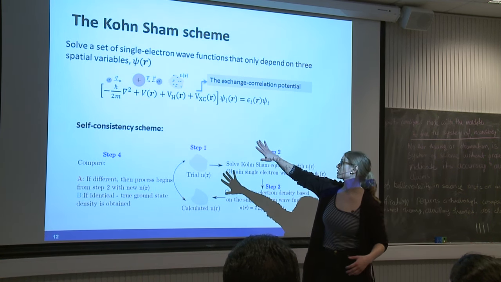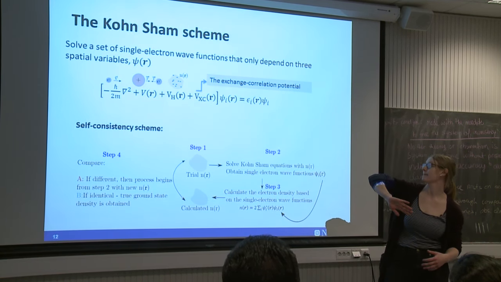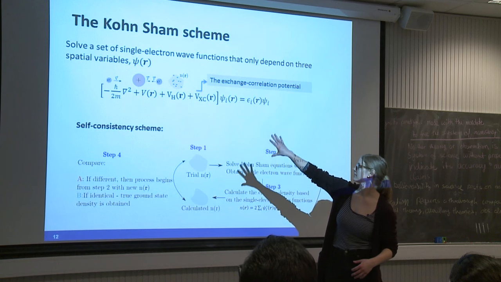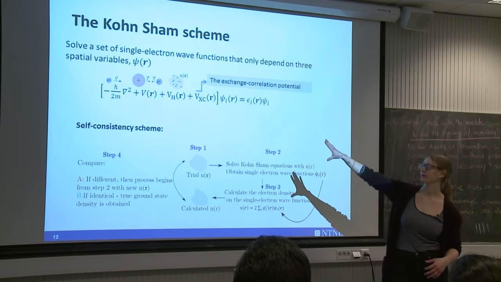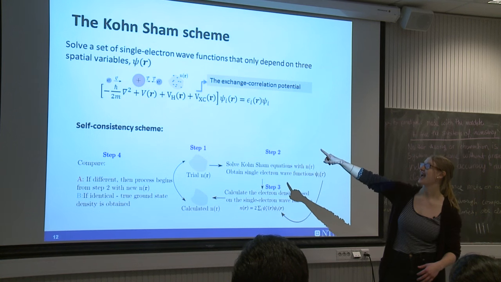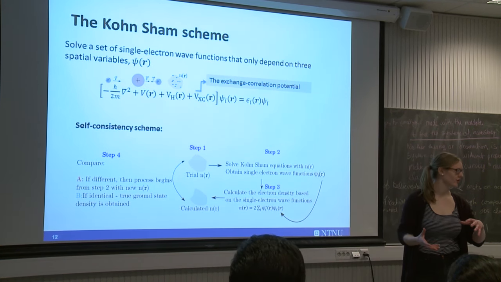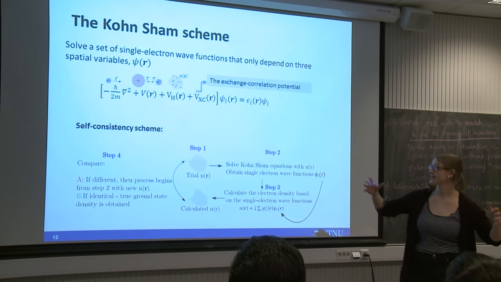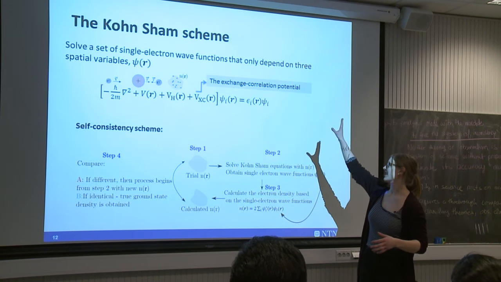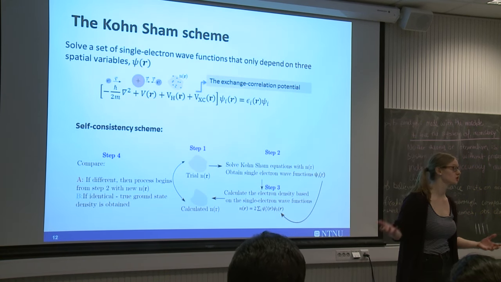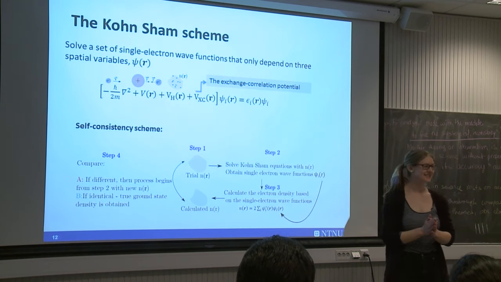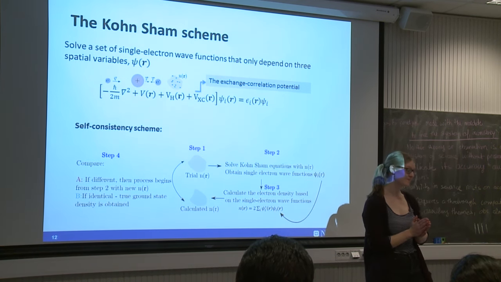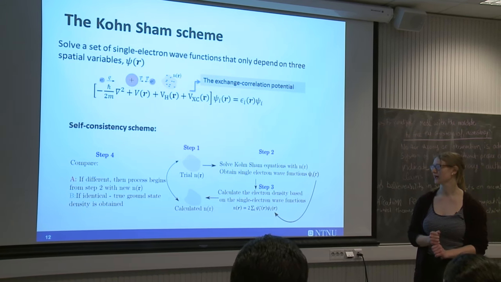So the Hamiltonian for the single electron wave functions is the external potential, and then the Hartree potential, hence the H, which is just electron interacting with the electron density, and then this exchange correlation potential, which we have to approximate. So the self-consistency scheme, that's what we actually do in our calculations.